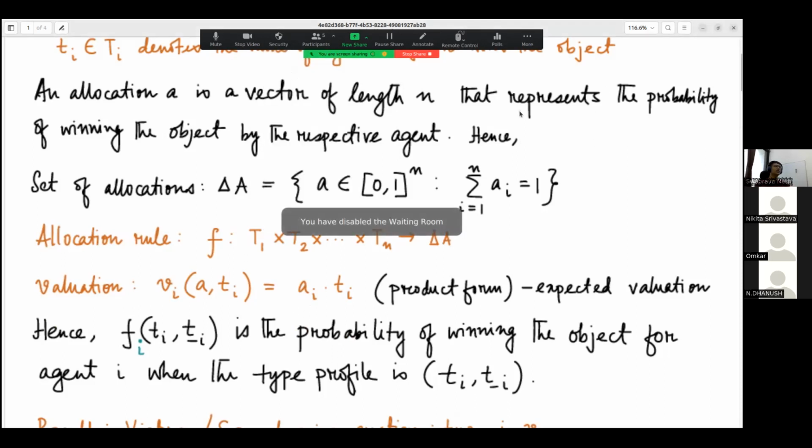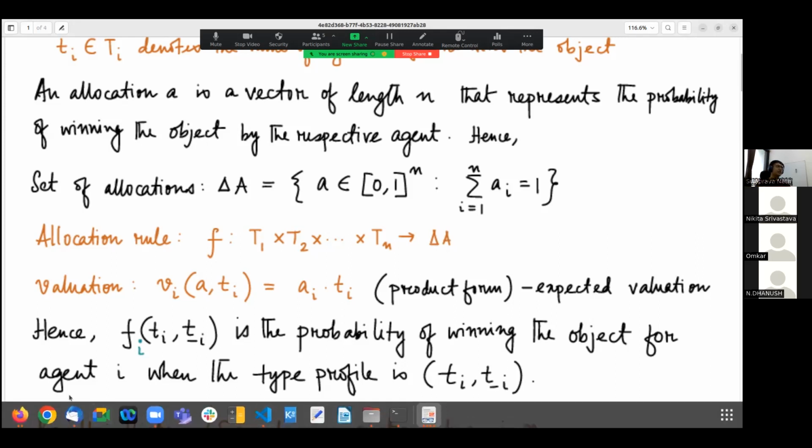All right. As before, you can consider this f as a member of this delta of A, right?